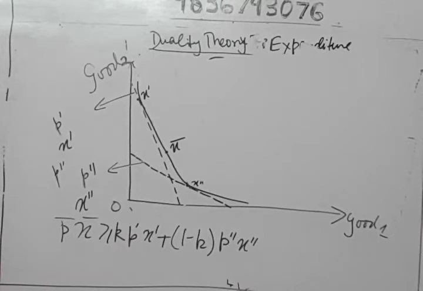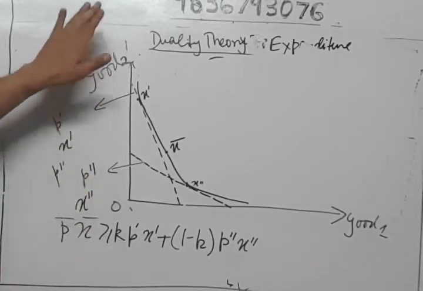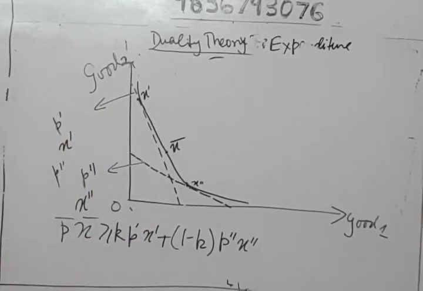But when we derived this property, that the expenditure function is concave in prices, we did not need any assumption about the structure of the preferences or the indifference curves. So it did not depend on the convexity of the indifference curve. So here you can see that the indifference curve is convex, but when we derive this property, we did not need this property of the convexity of the indifference curves.